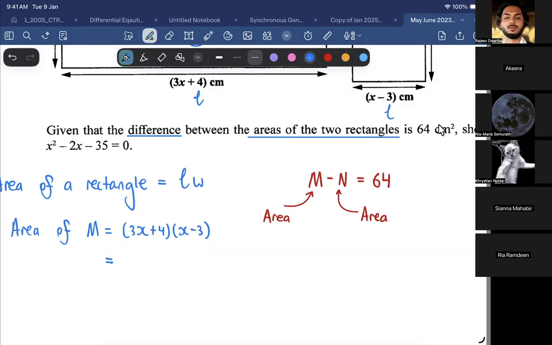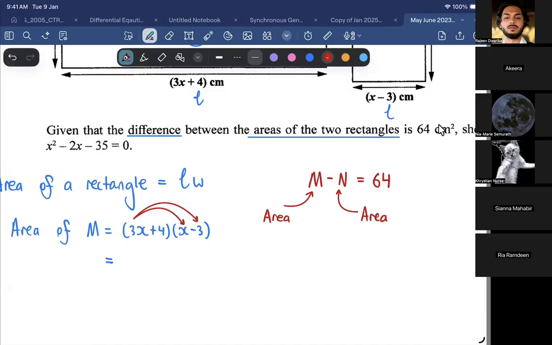So it would be 3x multiplied by x, and then 3x multiplied by minus 3, and then 4 by x.